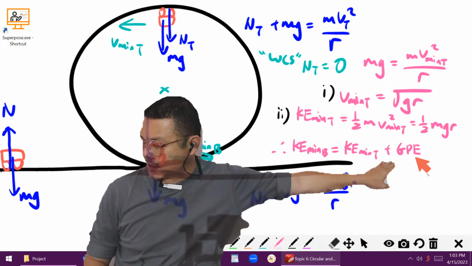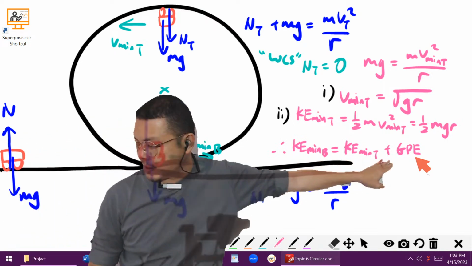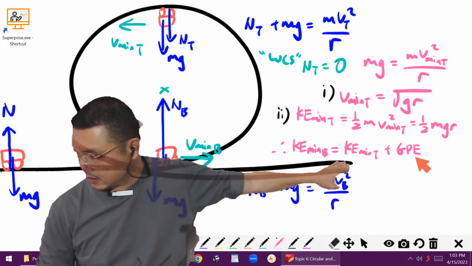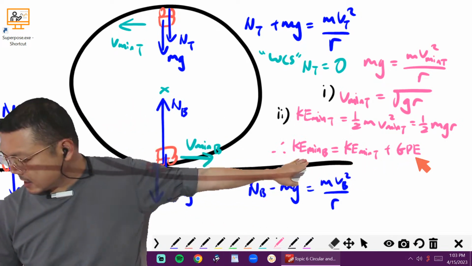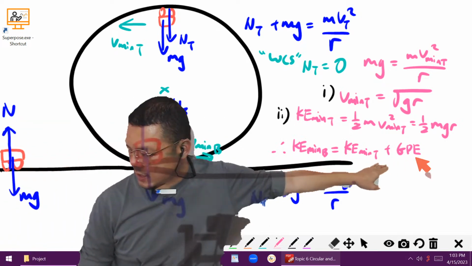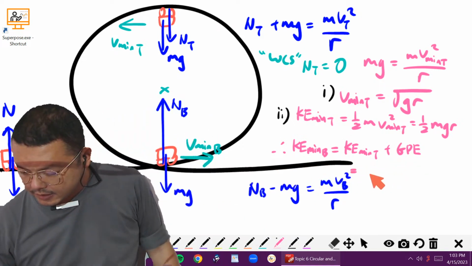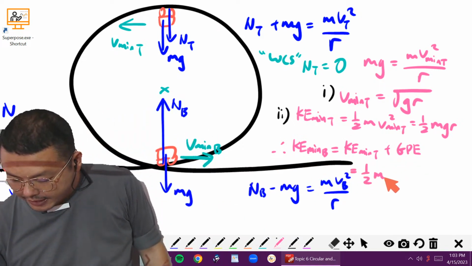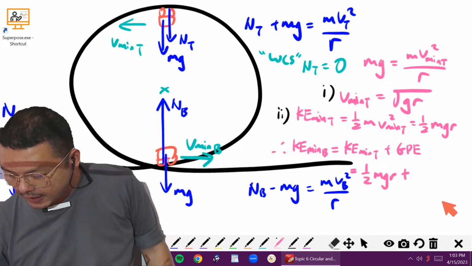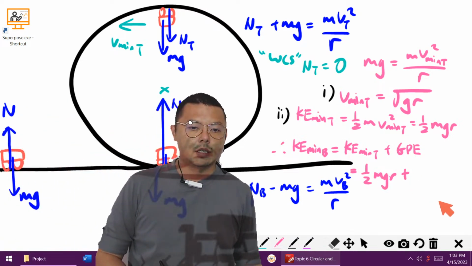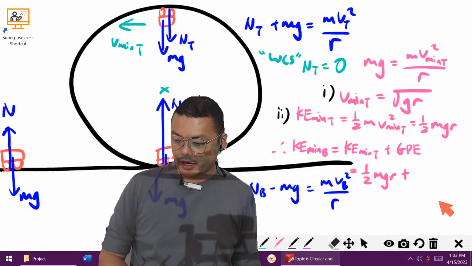Okay, this part here, please write this down. KE minimum at the bottom equals KE minimum at the top plus GPE, and that's equal to half mgr plus GPE, which is what? mgh, right?